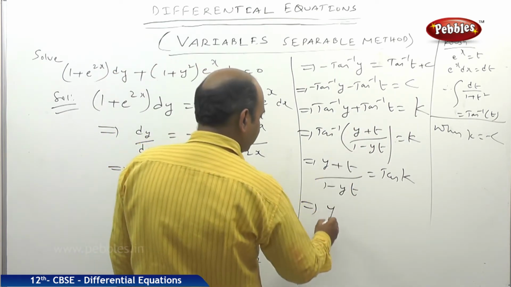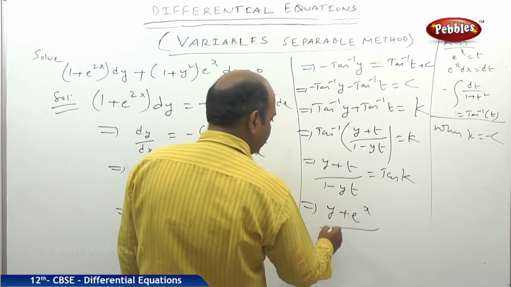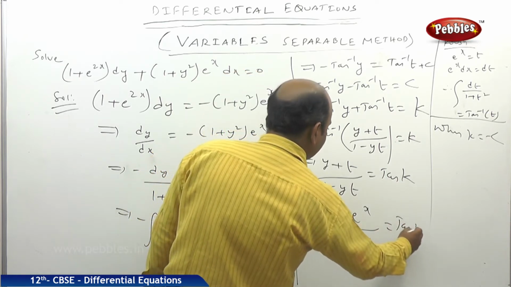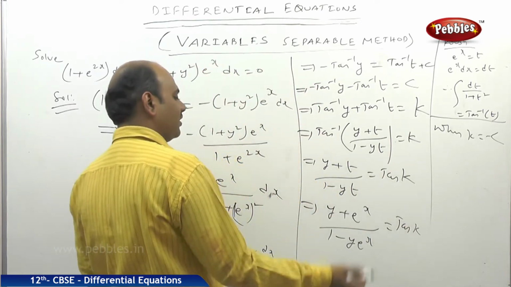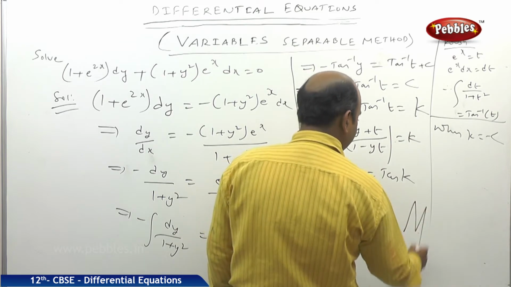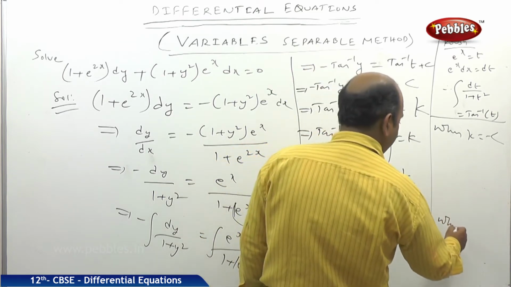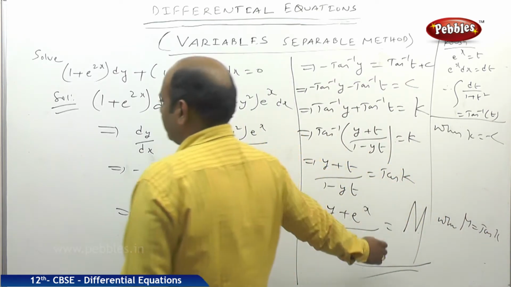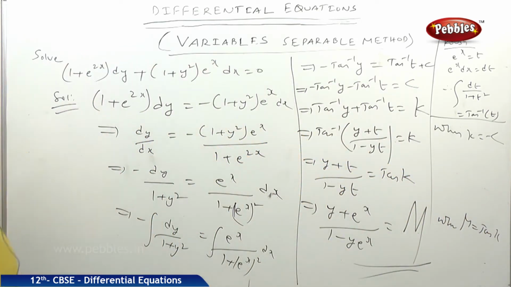So (y + e^x) by (1 − y e^x) is equal to tan k. Again tan k means some constant only. That constant for my convenience I will call m, where m is equal to tan k, is the solution for the given differential equation.